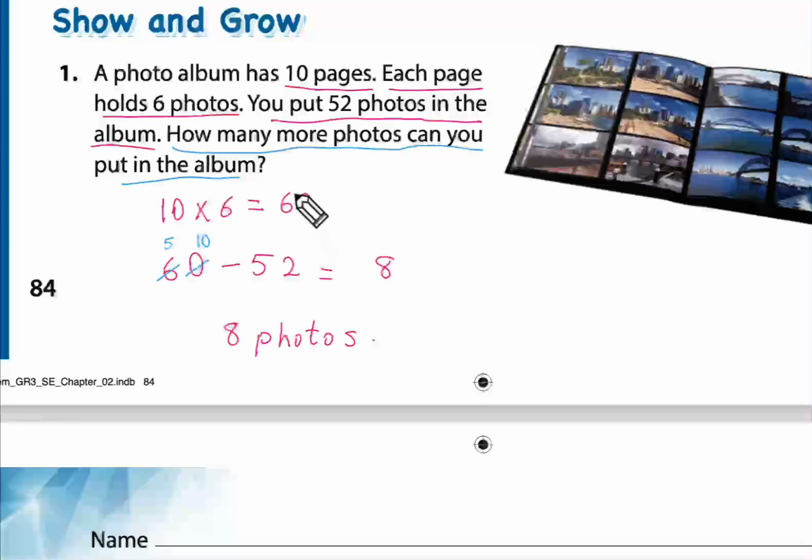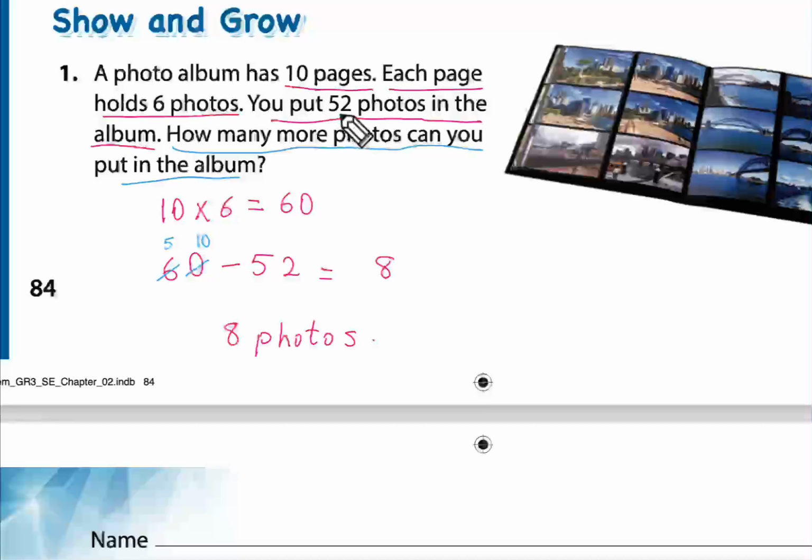So in this question, we have 10 pages, and each page has 6 photos. So multiply 10 times 6 to get the total number of photos that we can put in the album, which is 60. Then we subtract the number that you put already in the album.